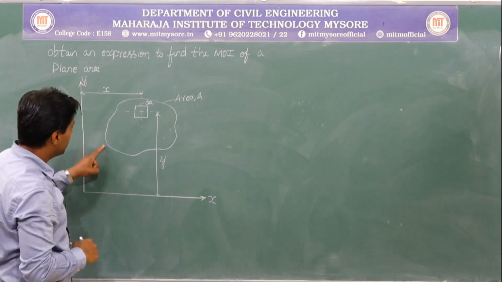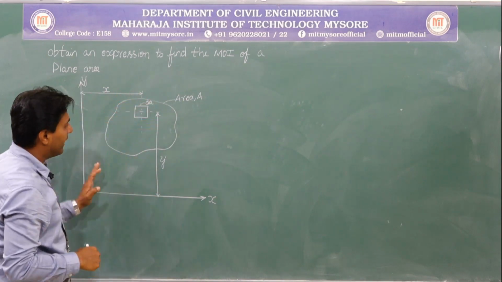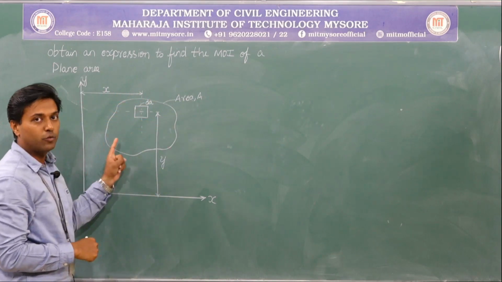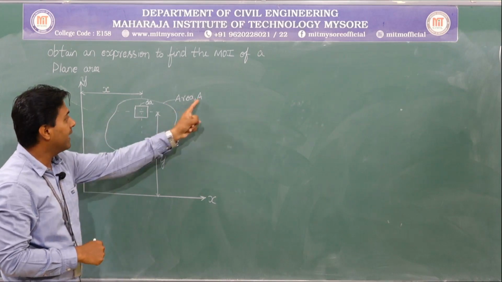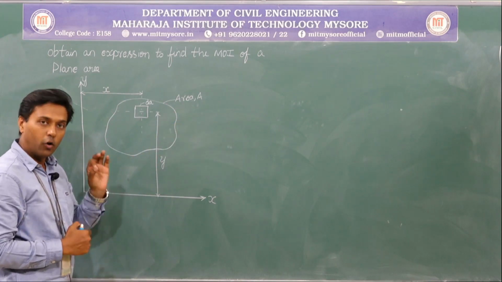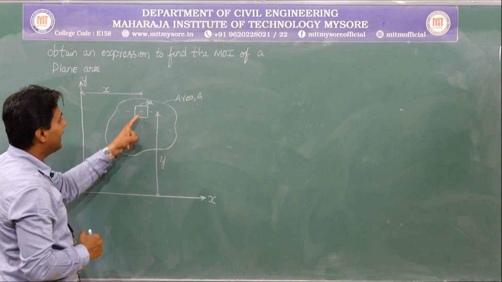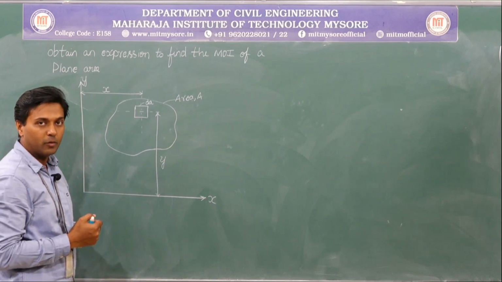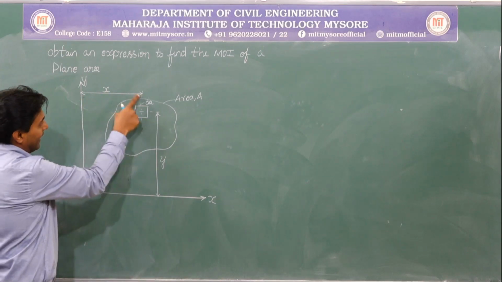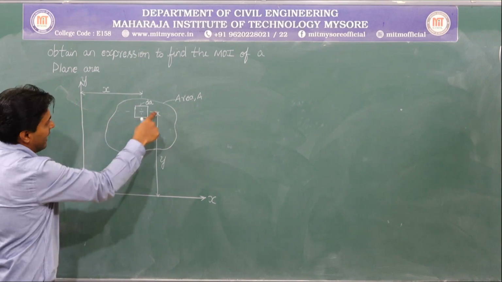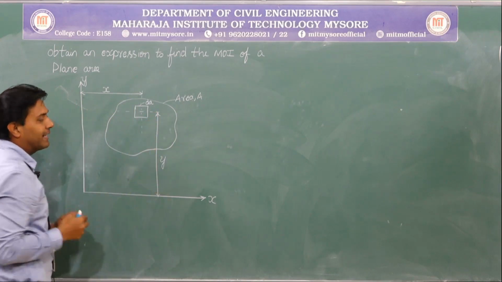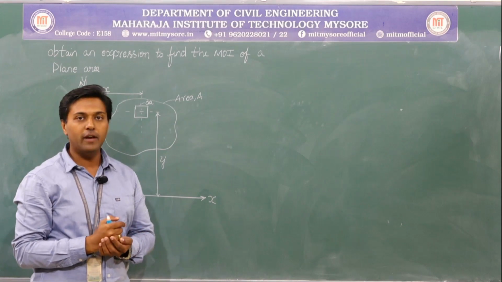Consider an object in the xy plane as shown in figure of area capital A. Also consider an elemental area dA, which is at a distance x from y-axis and distance y from x-axis as shown in figure.